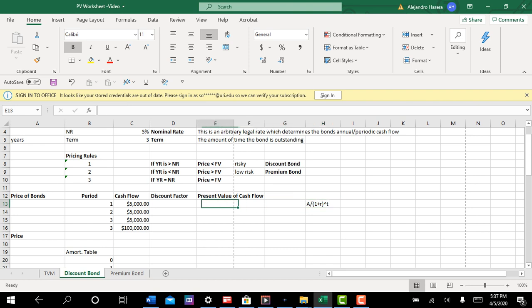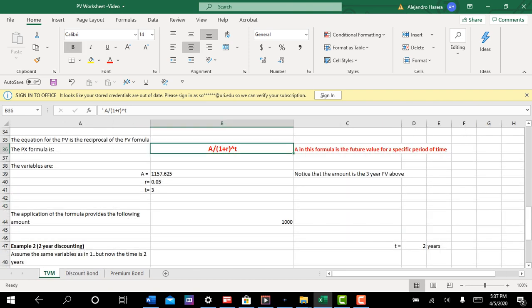Okay, and this is the formula that we're going to be using to calculate all these discount factors here. That formula is the same formula that we use over here to compute the present value. It's amount divided by 1 plus the interest rate raised to the time period.